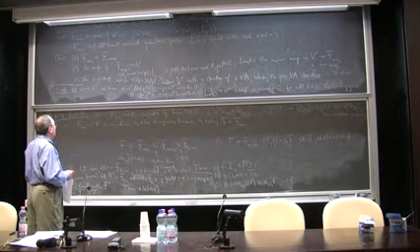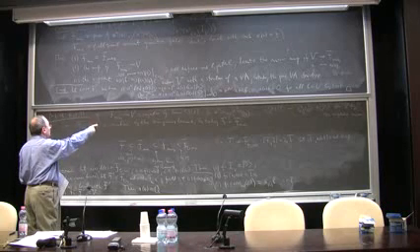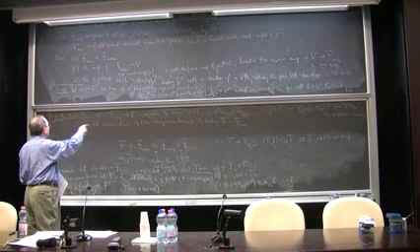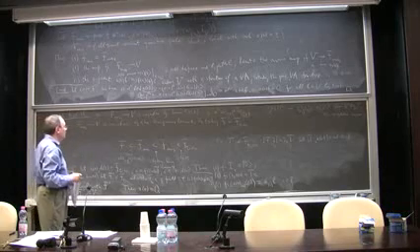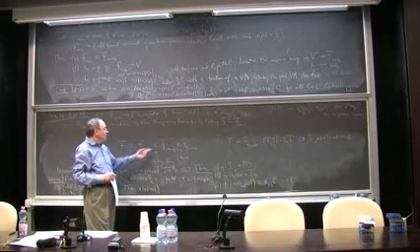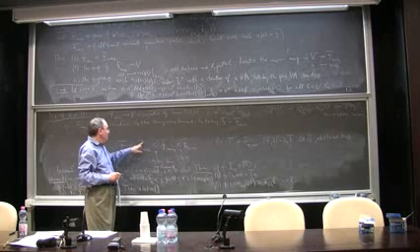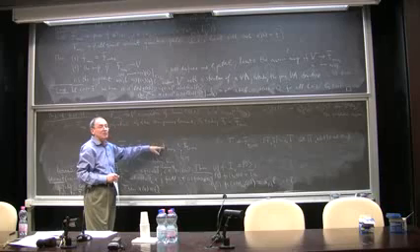Okay, so the field state correspondence on F minimal is surjective and on F maximum is injective, but F max is bigger than F min. So it is injective here, therefore it's injective here. And it's surjective here, therefore it's surjective here.